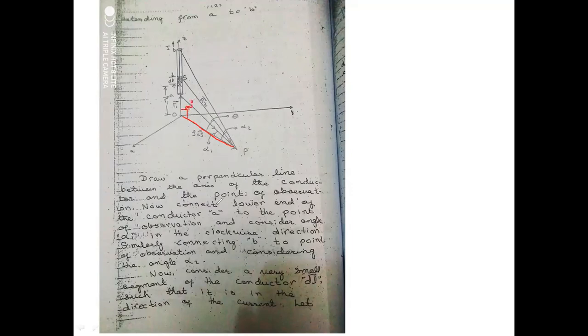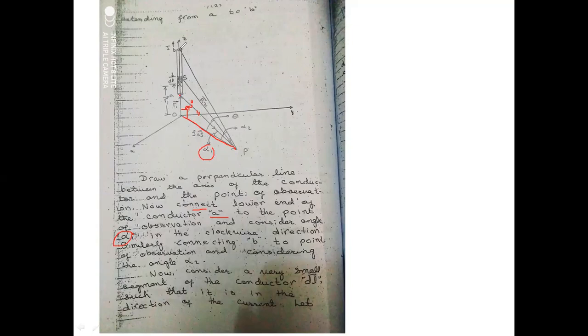Now connect the lower end of the conductor, A, to the point of observation. This is the lower end, and the line has been drawn from the lower end of the conductor to the point of observation. Consider angle alpha 1 in the clockwise direction. Similarly, connecting B, the upper end of the conductor, to the point of observation, and considering the angle alpha 2.